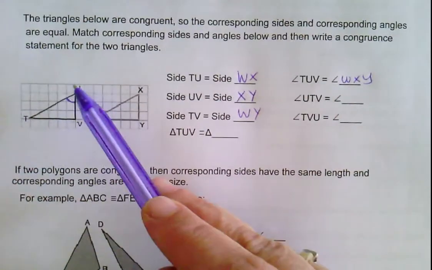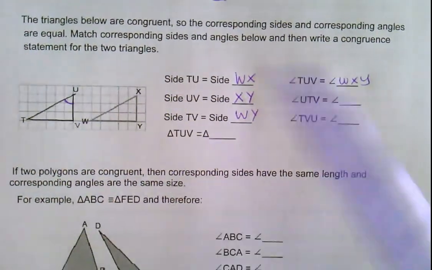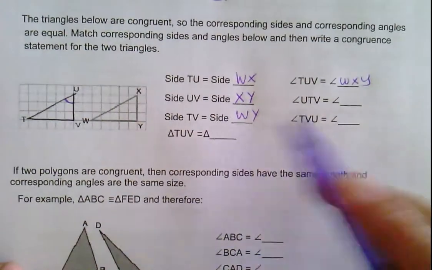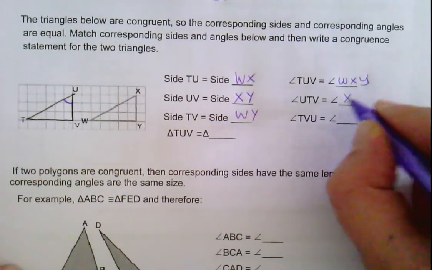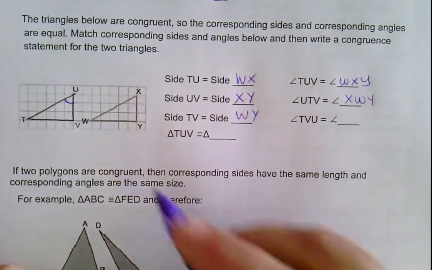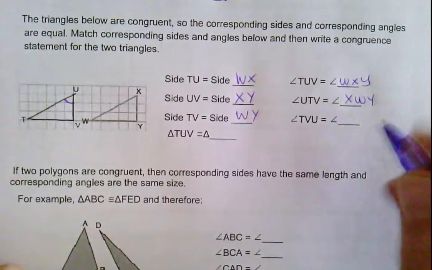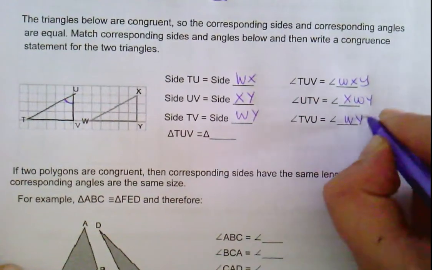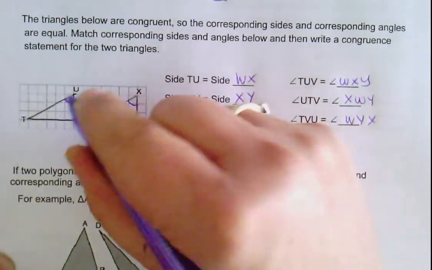I don't want TU equals XW. I need it TU, WX, same direction. Angle UTV is equal to angle XWY, and angle TVU equals angle WYX.